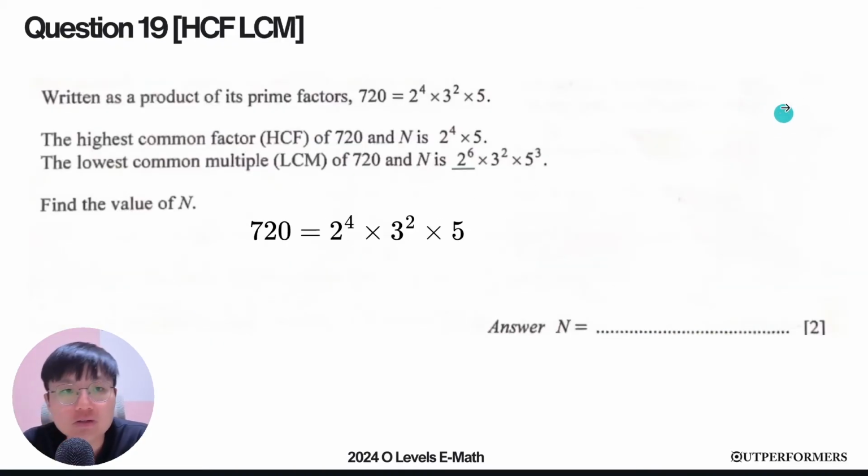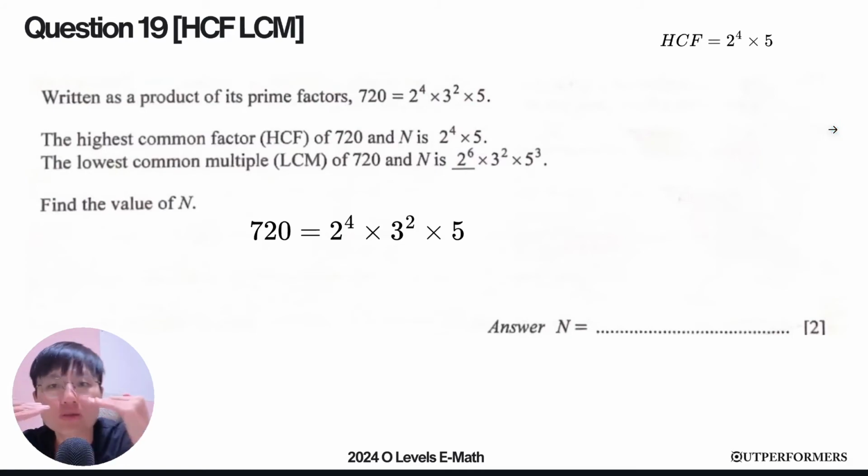Moving on to question 19 on HCF and LCM. Written as a product of its prime factors, 720 is equal to 2 to the power 4 times 3 squared times 5. Okay, and for this HCF and LCM question, we are supposed to kind of work backwards because we are given the HCF as well as the LCM. How we can do this is to consider HCF's requirement.